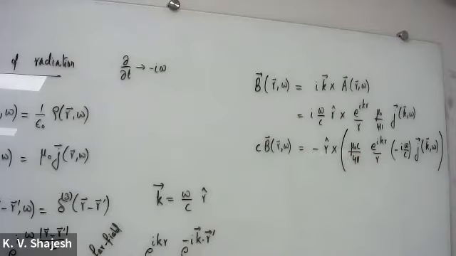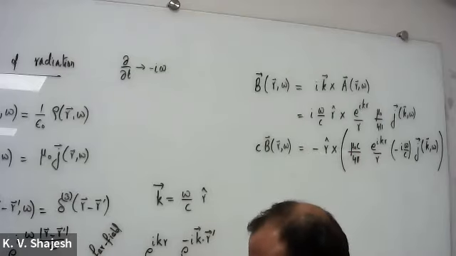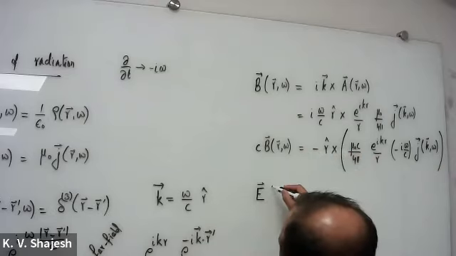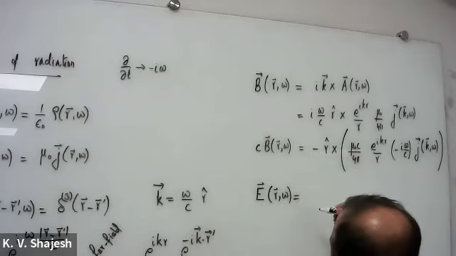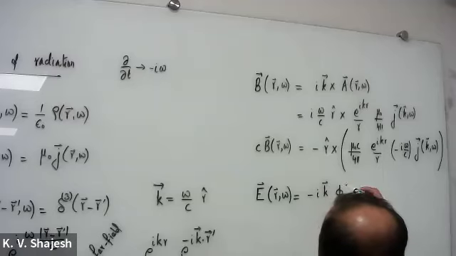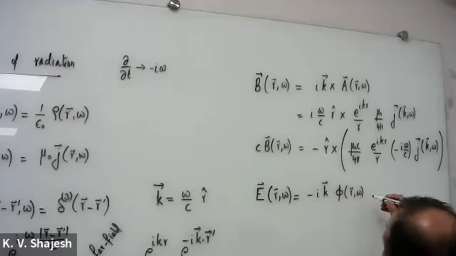Any questions? Okay. We would like magnetic field also to come out like that, but electric field has two pieces. So electric field E of r, omega is equal to minus i k hat times phi of r, omega, plus i omega times A of r, omega.